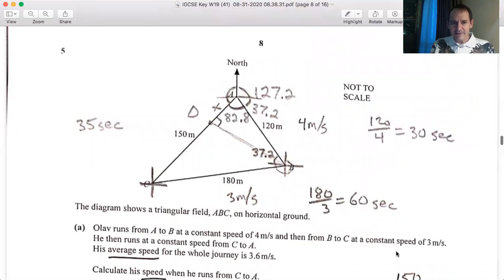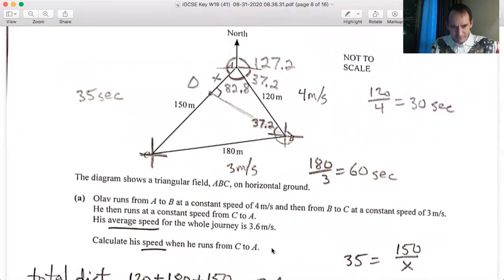Now we get to this triangle and bearings problem. This triangle is not a right triangle. Diagram shows a triangle field ABC on horizontal ground, meaning it's flat.